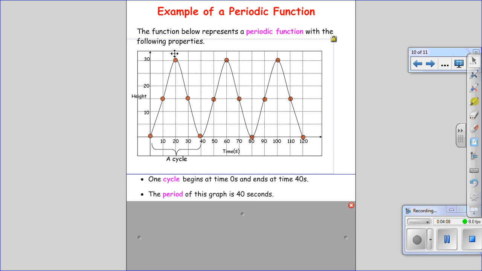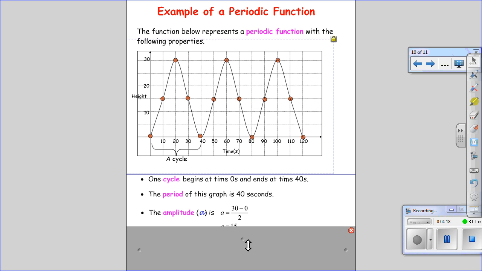The amplitude, we said, is half the maximum minus the minimum, divided by 2. So the amplitude is 30 take away 0, divided by 2, and it's 15. And in this scenario, if we want to find the equation of the axis, we're finding the midpoint.